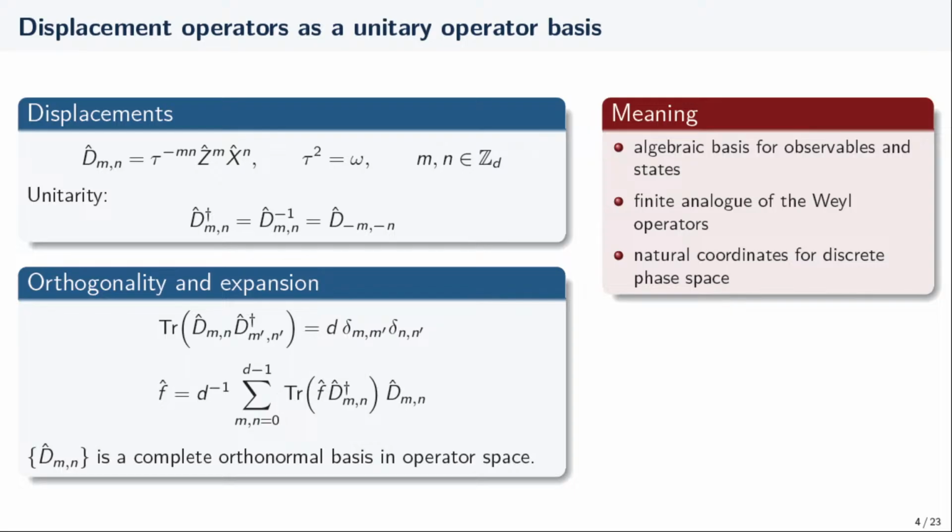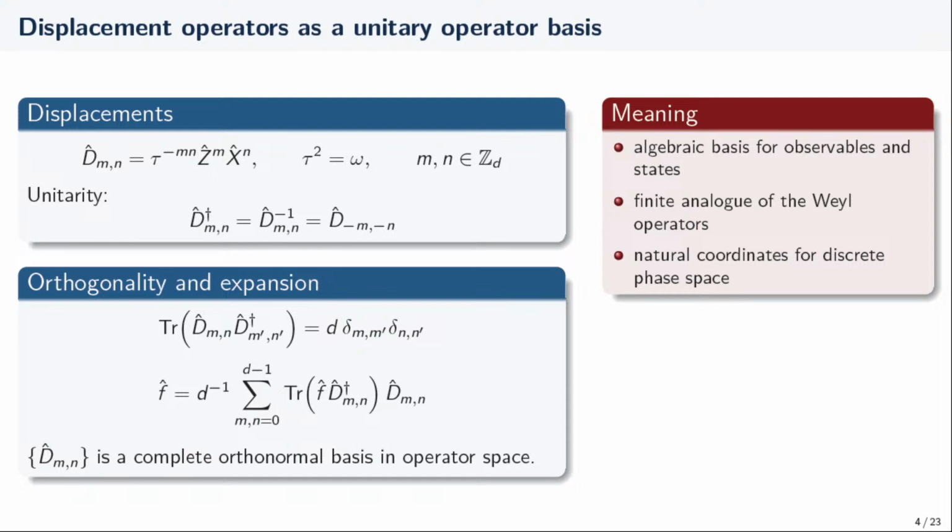Okay. Next tool, from these Z and X operators, what we can design are the so-called displacement operators. These displacement operators play more or less the same role as the tensor operators we considered in the continuous case. So what is this? It is a product of powers of X and Z operators multiplied by some phase.